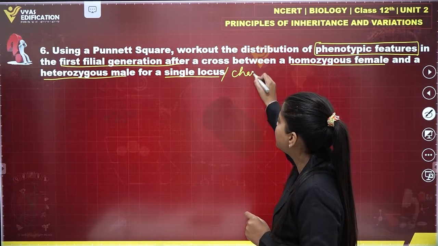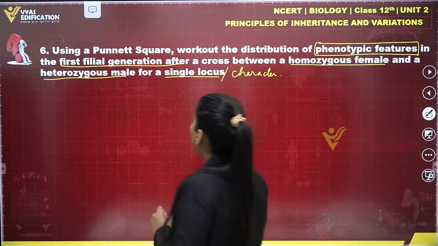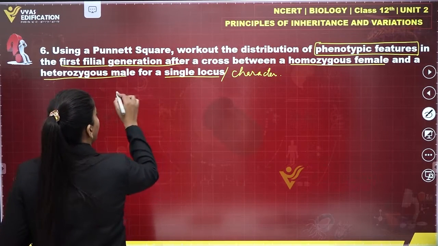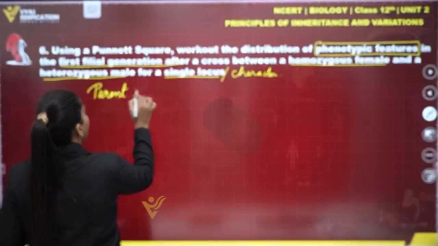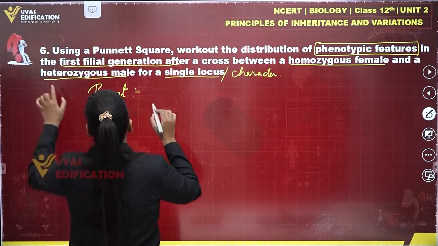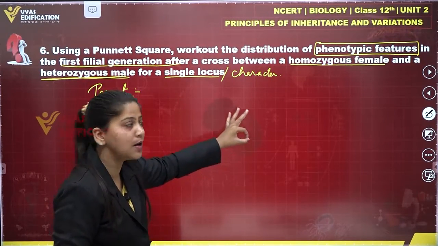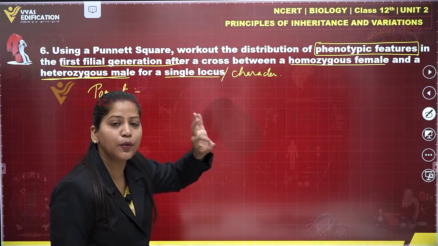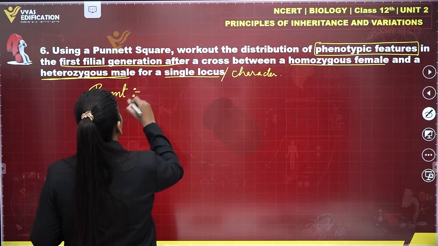Single locus means a single character we are talking about. So we will take the given parents and mate them. The character we are choosing here is height.